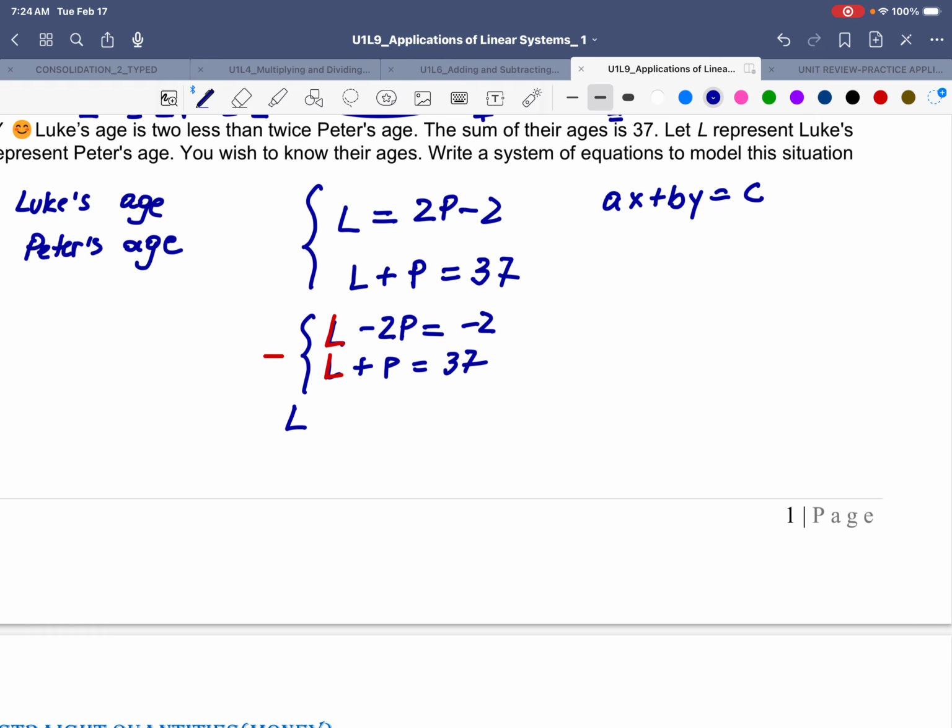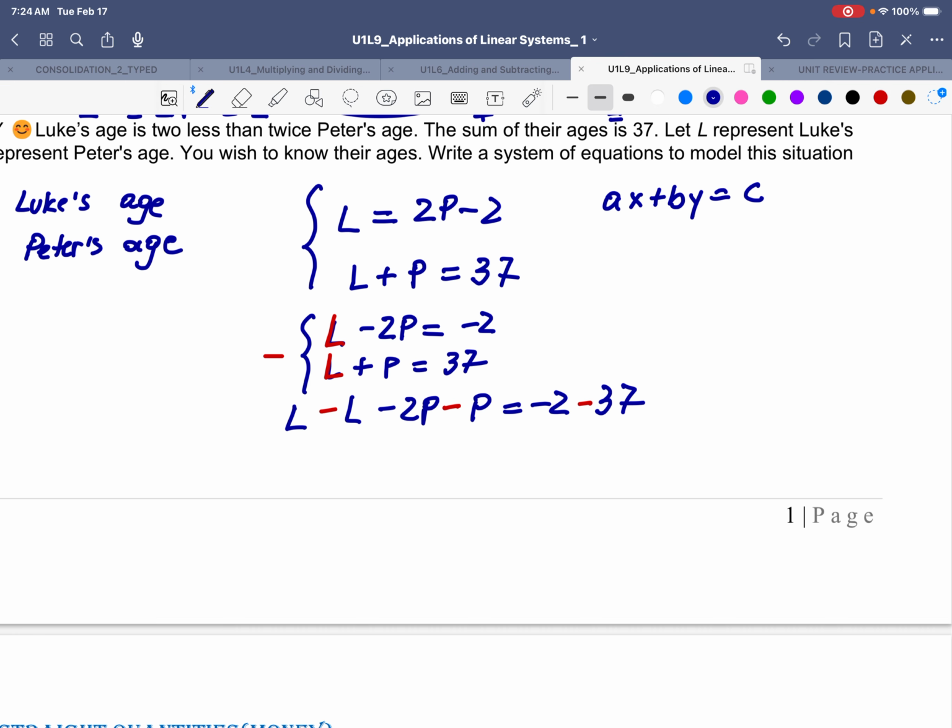So we're going to say L minus L minus 2P, and then subtract P, equals negative 2, and then subtract 37.